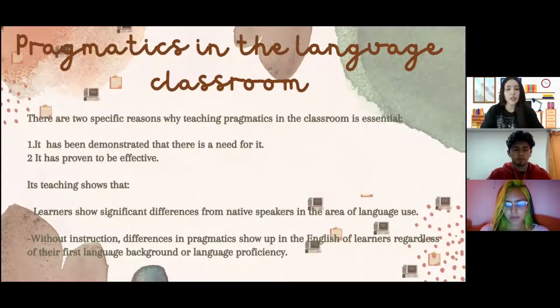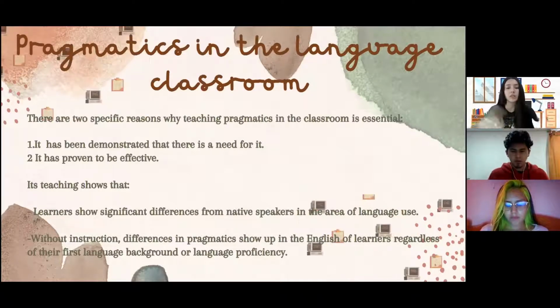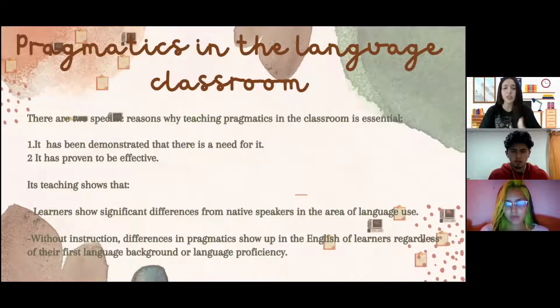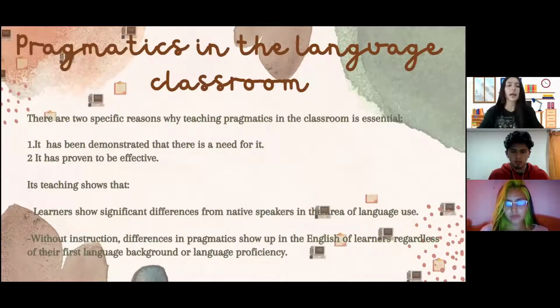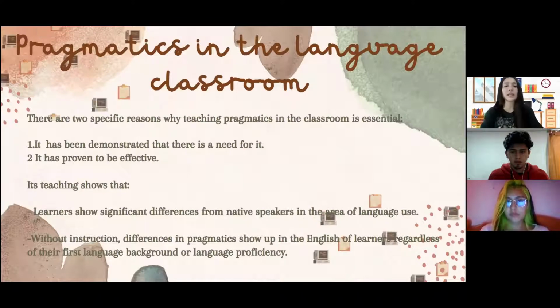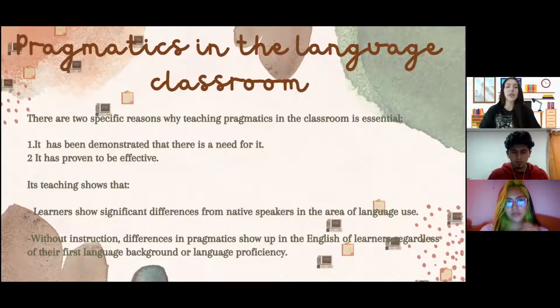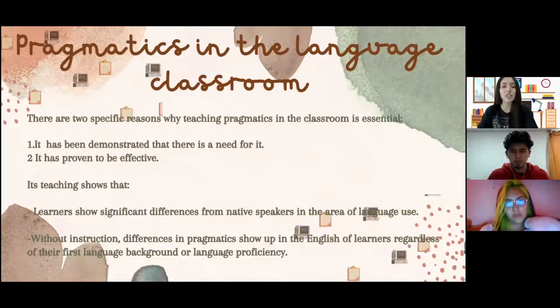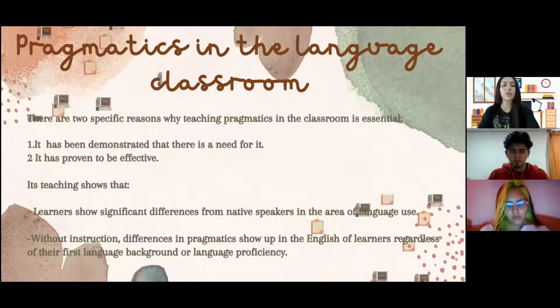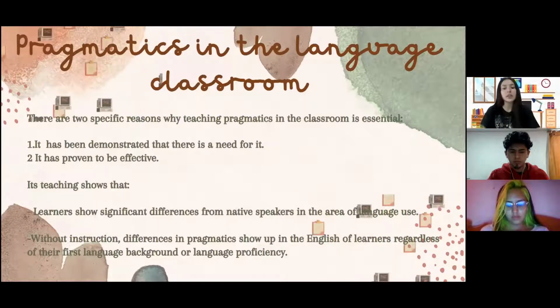So, as we already know, pragmatics is the study of the relationship between linguistic forms and the users of these forms. But let's talk about how important it is to teach pragmatics in the classroom. So, the teaching of pragmatics aims to facilitate the learner's sense of being able to find socially appropriate language for the situations that they encounter.